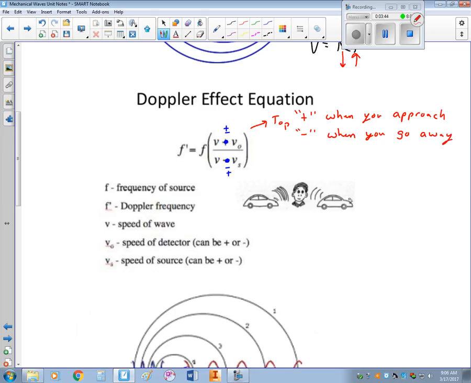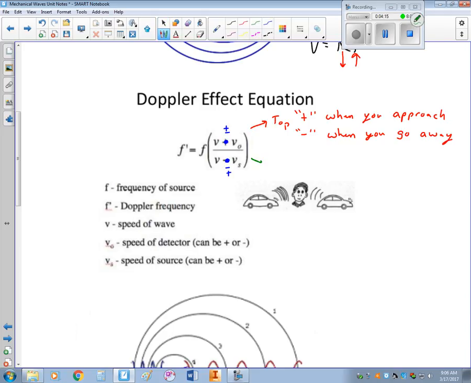So let's say there's a source of sound that is not moving, like a siren, and you run towards it, you would perceive the frequency to be higher than it actually is. If you run away from the source, you would perceive the frequency to be lower than what it actually is. And that's if the source is stationary. If you just stop moving, then you would hear the true frequency.